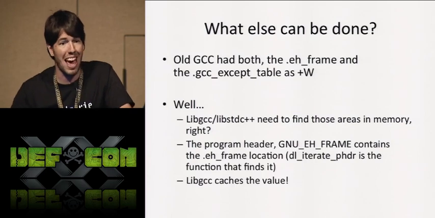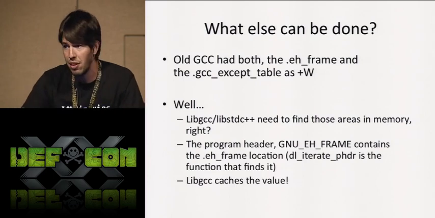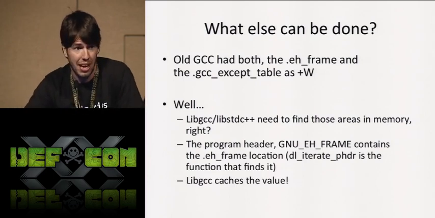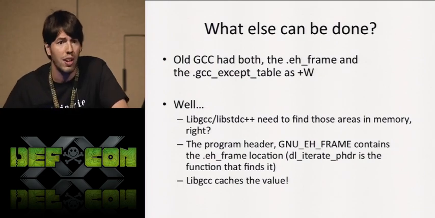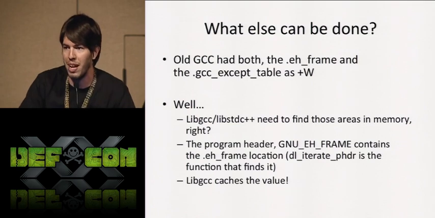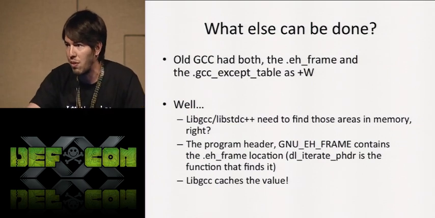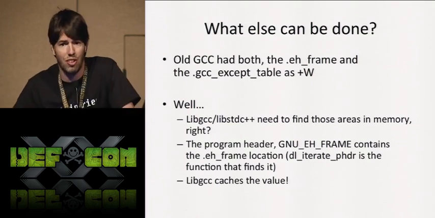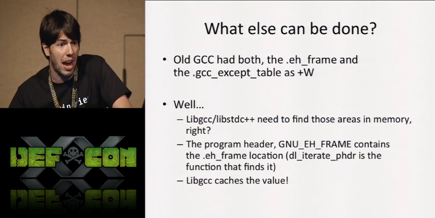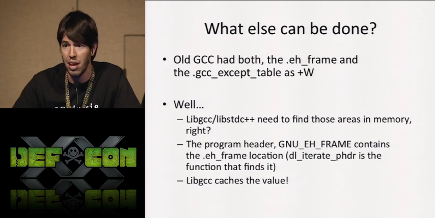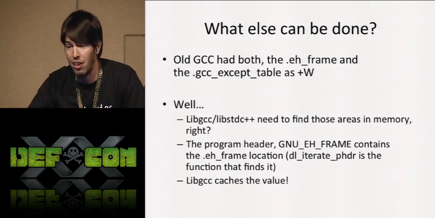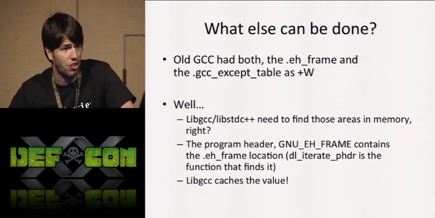So assuming that we have an overflow and we manage to overwrite a random value in memory, we can actually overwrite a cache that GCC actually makes. GCC makes this cache because, as Sergey mentioned, the compilers try to speed up things, right? They try to do everything really fast. So there is a cache for the location of this area in memory. This cache pointer points to the location in memory.